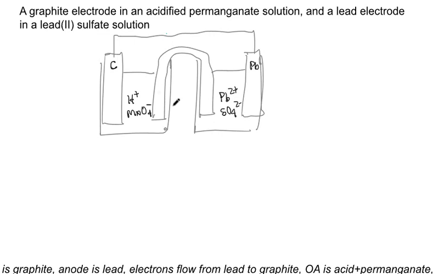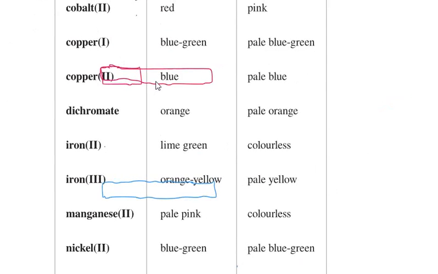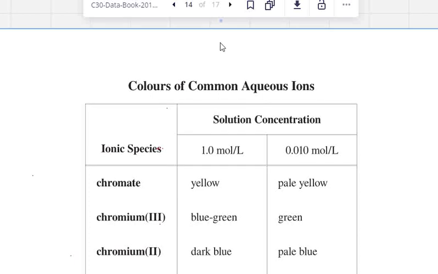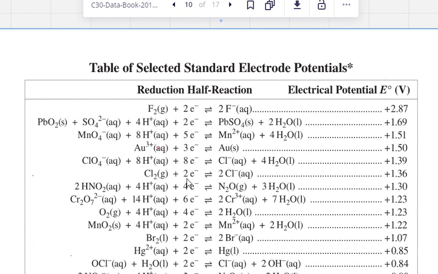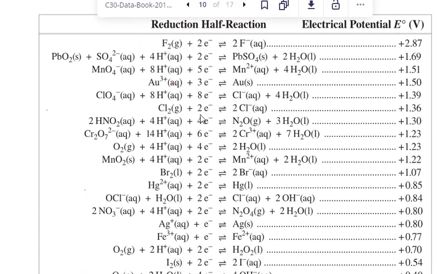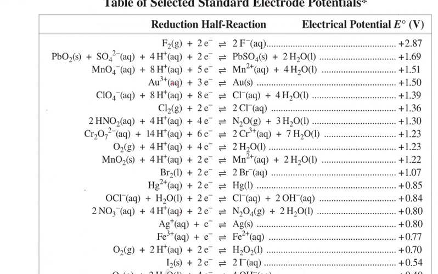And of course there's H2O in all of this. So back to our data book. I'm on the wrong page. There we are. Okay, so we are going to tear around through the redox table looking for our strongest oxidizer and strongest reducer.